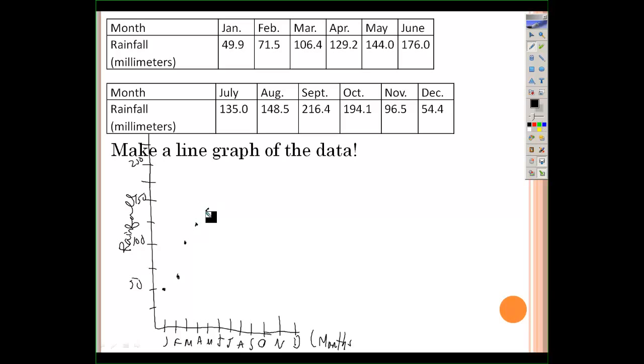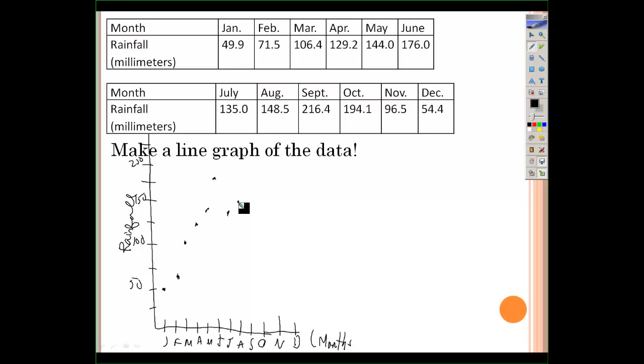And then June, 176, way up here. Okay, July, 135, it went down again. And August is almost 150, so I'm going to put it real close to 150.